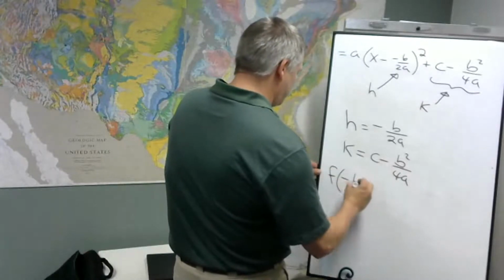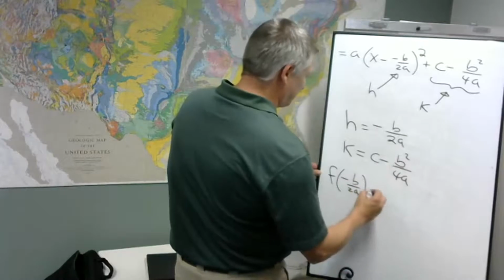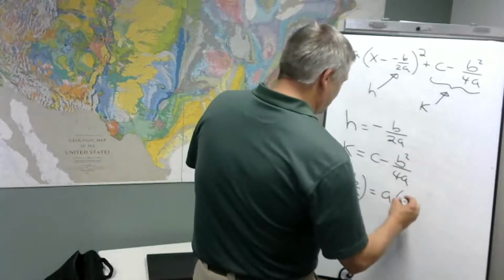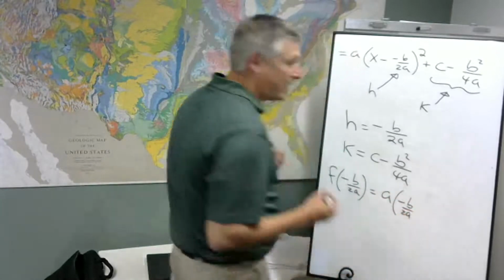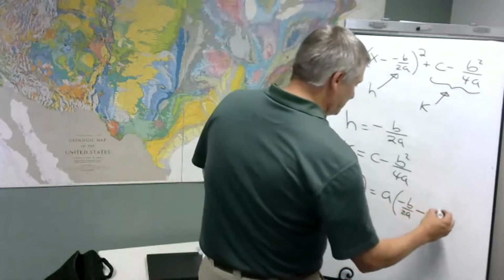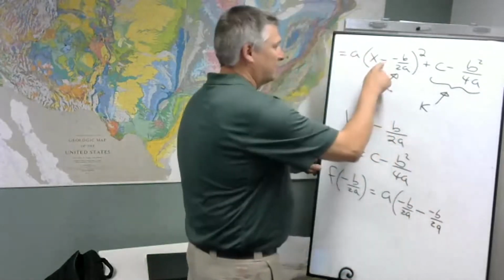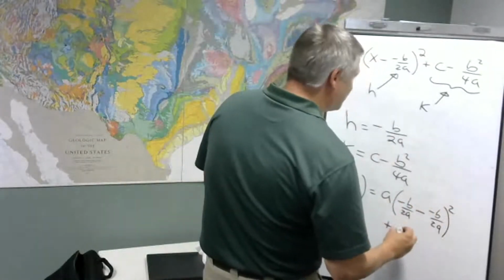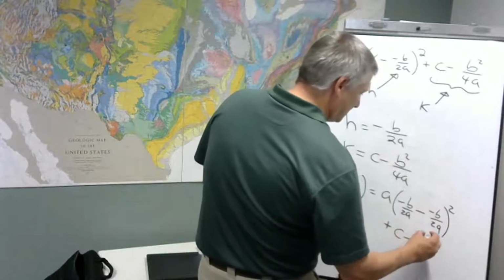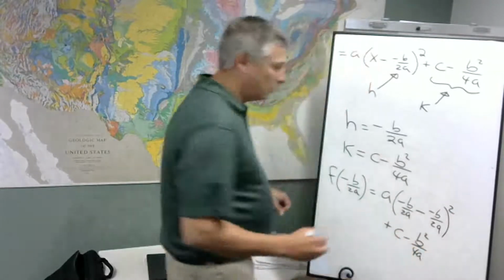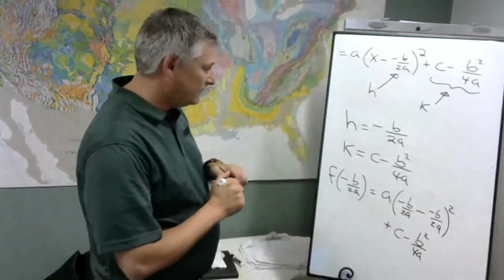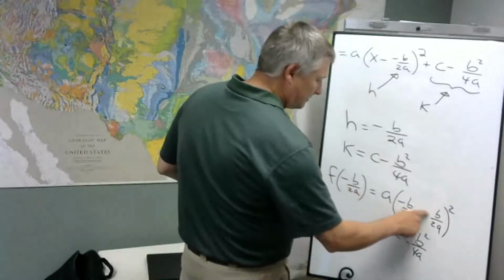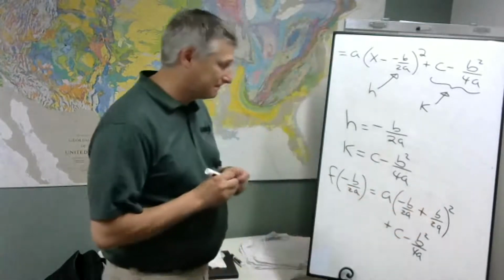Let's put in f of negative b over 2a. What happens? We get a, now negative b over 2a is what x becomes, minus negative b over 2a, squared, plus c minus b squared over 4a. Well, what's happening? Minus and minus becomes a plus.